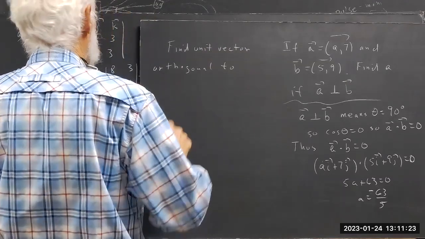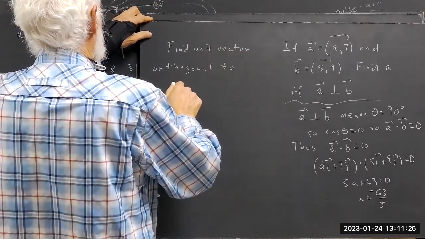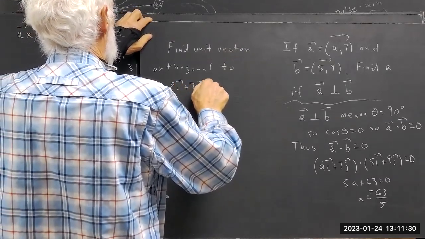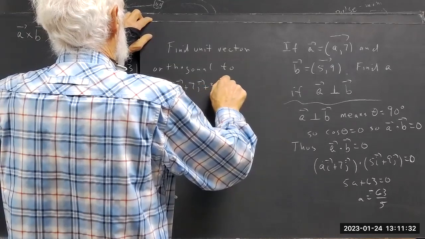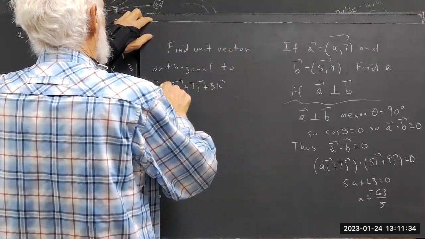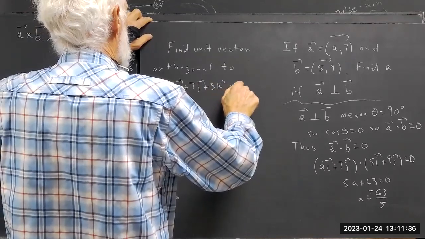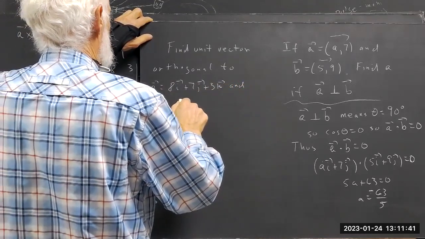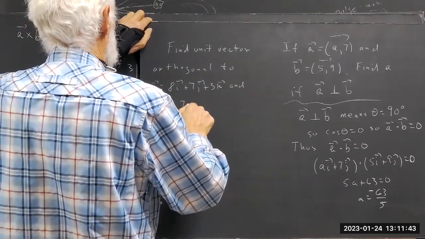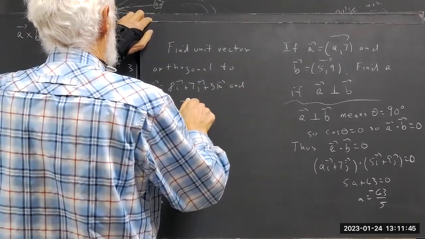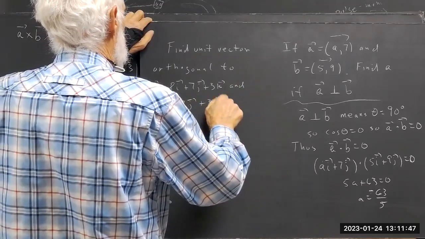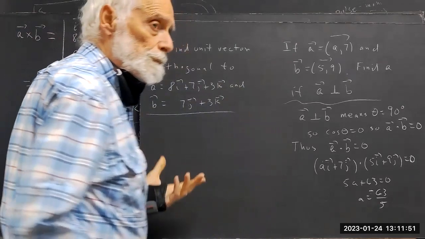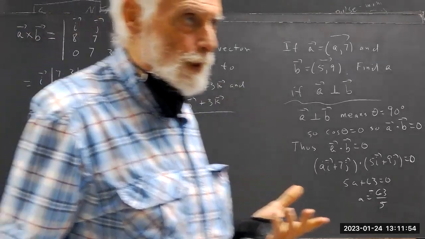Well, I'm going to make it easy. I'm going to find a unit vector orthogonal to these two.